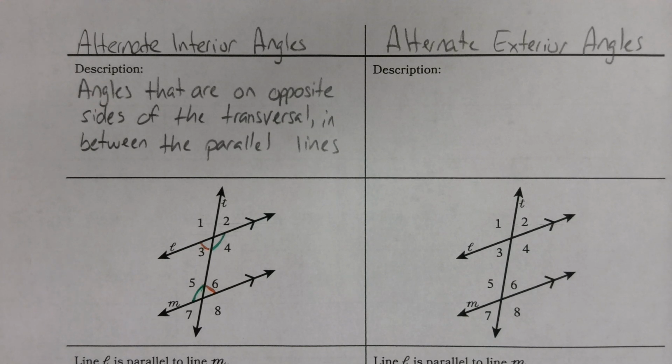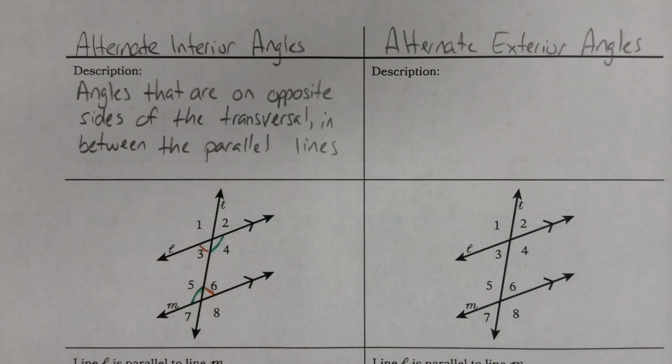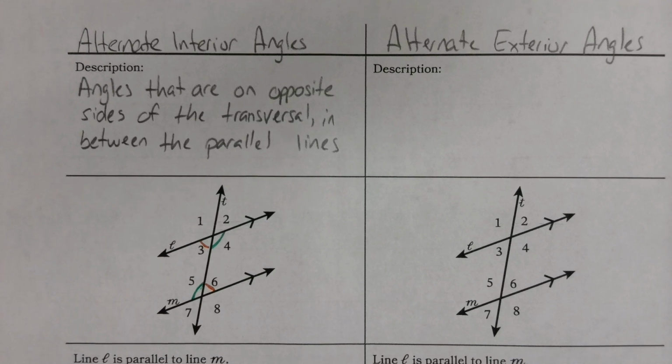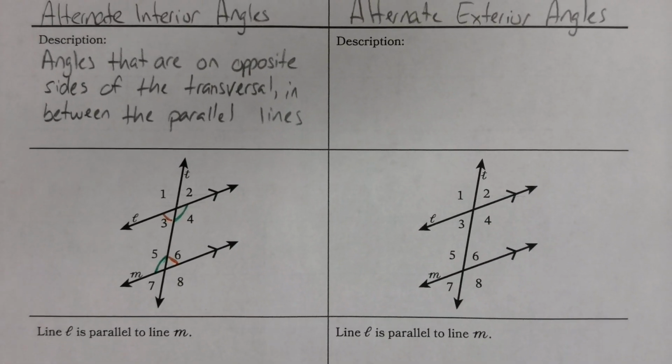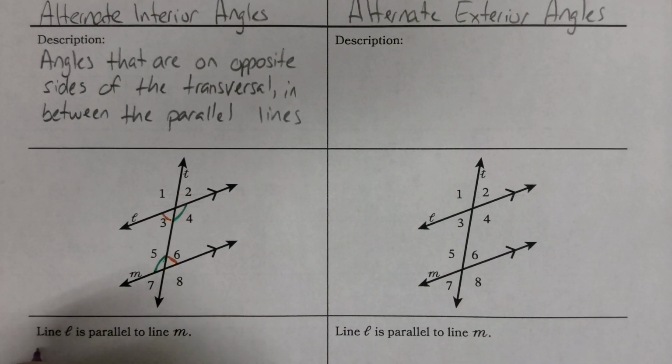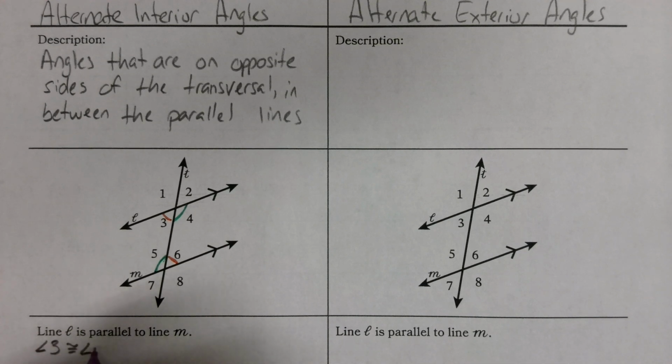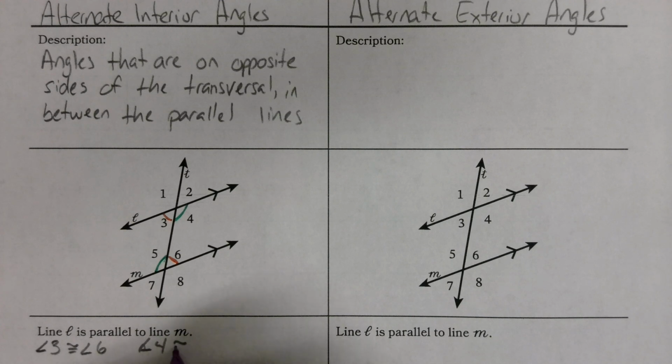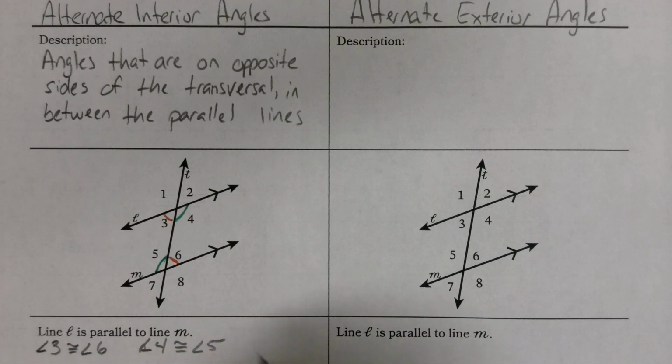Alternate means opposite. Okay, so opposite sides inside the parallel lines. Those have equivalent measures. So we would say that angle 3 is congruent to angle 6, and angle 4 is congruent to angle 5.